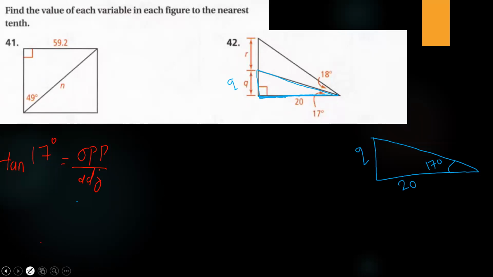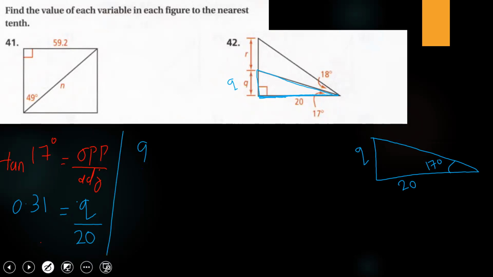I want you to find it from your calculator. 0.305, approximately 0.31. Then the opposite is Q and the adjacent is 20.